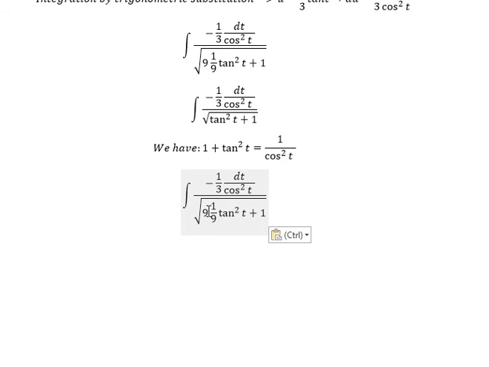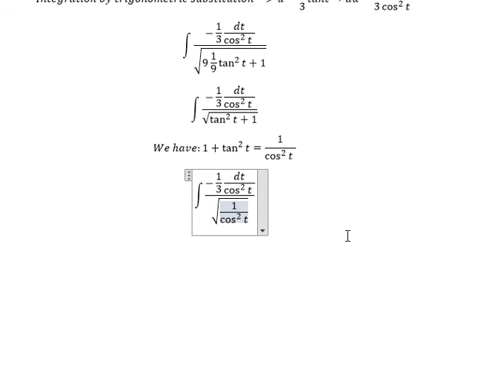Now we need to change this one into 1 over cosine t square. So the square root of 1 over cosine t square, you will get 1 over cosine t.